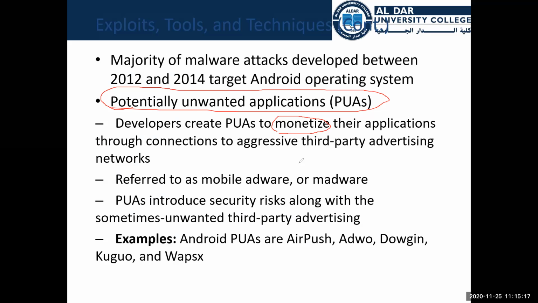These third-party applications can contribute to your application and make some advertisements. It is like an open channel for third-party applications to send you advertisements. They can send advertisements, and also they can send malicious code. This malicious code can hijack your device, listen to your phone, see your camera. Okay? So these are potentially unwanted applications.